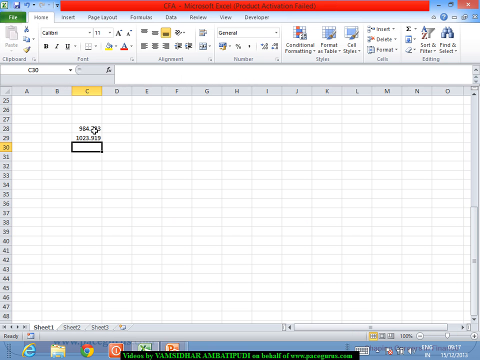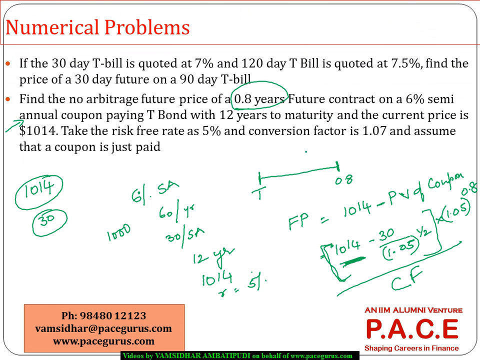But of course, the conversion factor is 1.07, so I will divide this by 1.07 because each bond has a separate conversion factor. Which means the actual futures price for this particular bond is only 956.93.